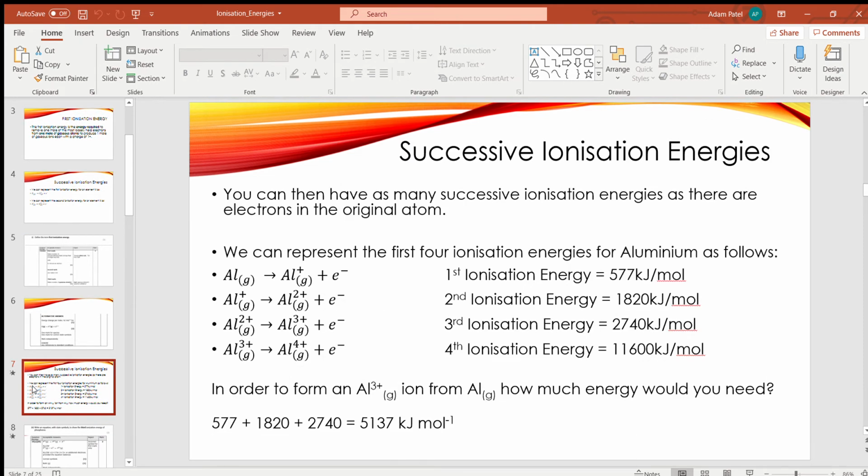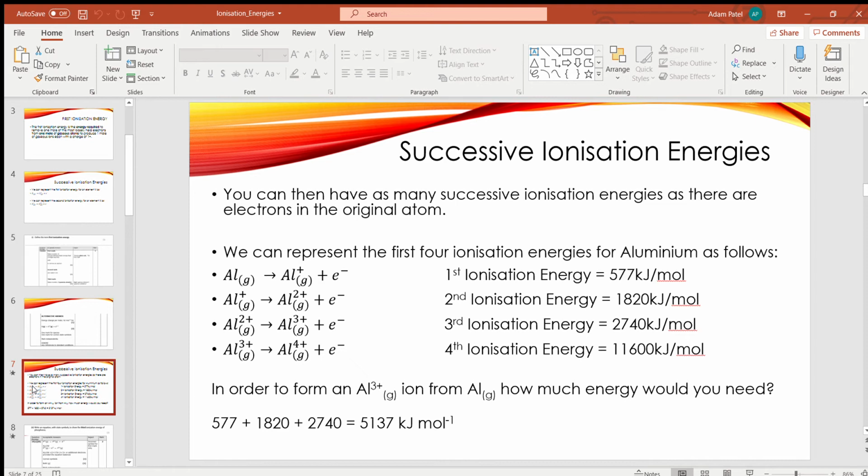So you can have as many successive ionization energies as there are electrons in the original atom. So for example, aluminium has 13 electrons, therefore aluminium can have 13 ionization energies. So in this example here, they've given us 4 ionization energies of aluminium.